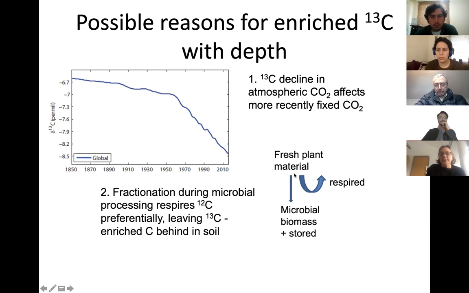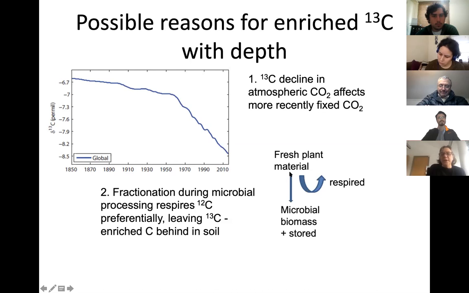And those are processes that can fractionate carbon, right? In decomposition, you're breaking bonds, and so you would tend to respire the carbon-12 CO2 faster than carbon-13. And so we expect a little bit of enrichment as you go from fresh plant material to microbial biomass.